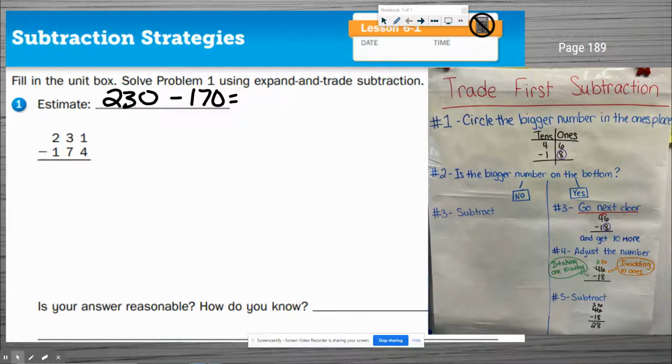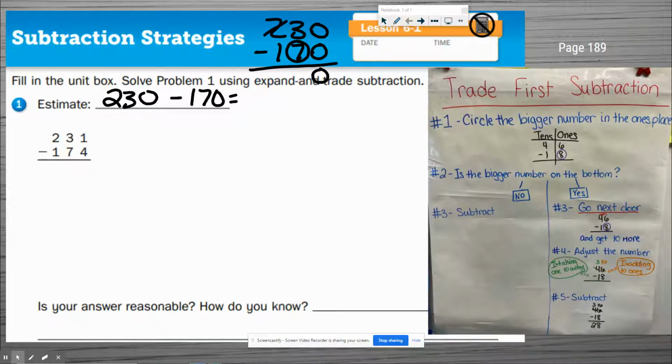So I am going to look at subtracting this, and this will be our first look at subtracting when we have three-digit numbers. I can subtract 0 minus 0, but when I get to this number, I'm going to circle the bigger number. It's in the bottom, so I have to take one of the hundreds away.